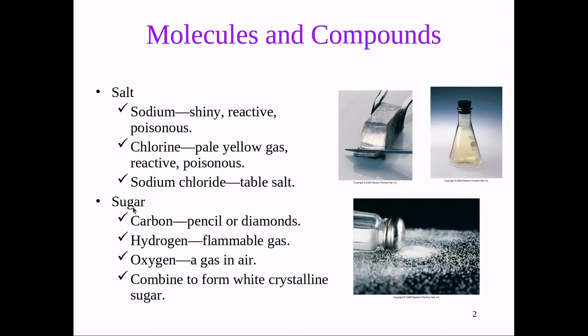Another one that we could think about would be sugar. This has carbon, hydrogen, and oxygen. Each of these is very different, gases and such, and yet when we combine them together, we get this white crystalline sugar.